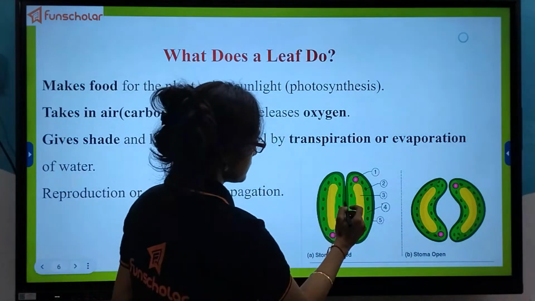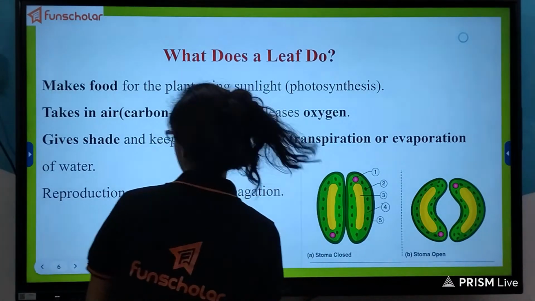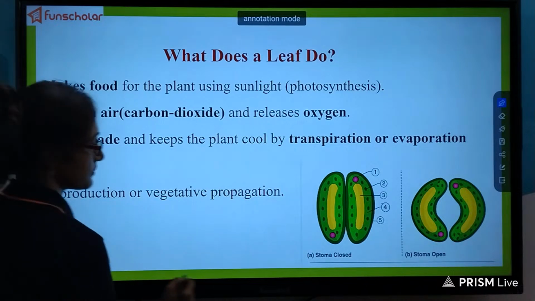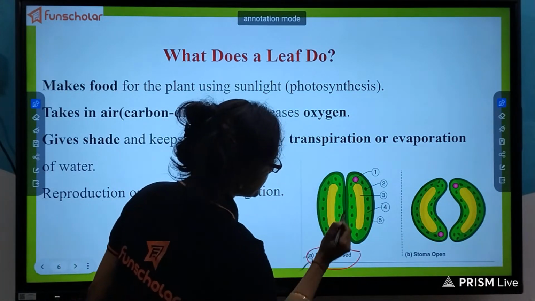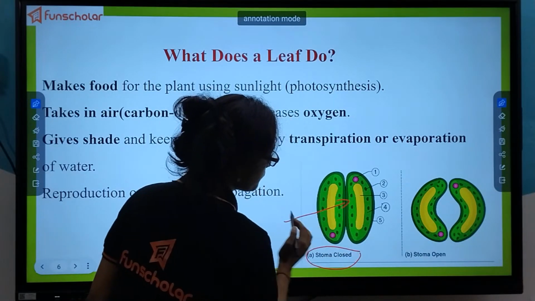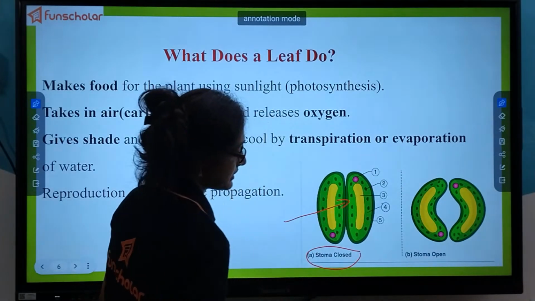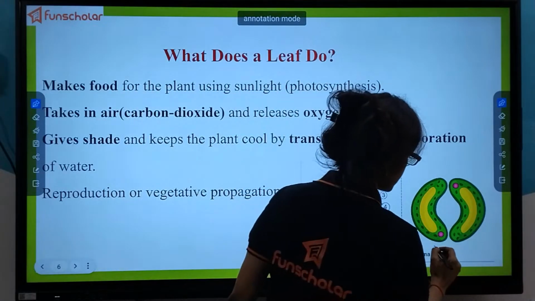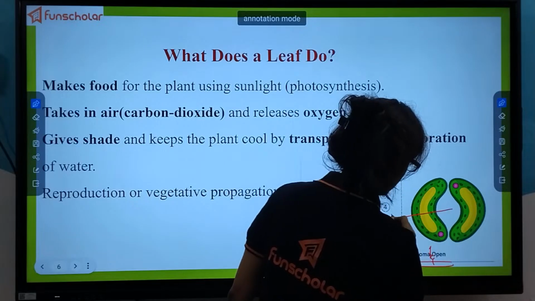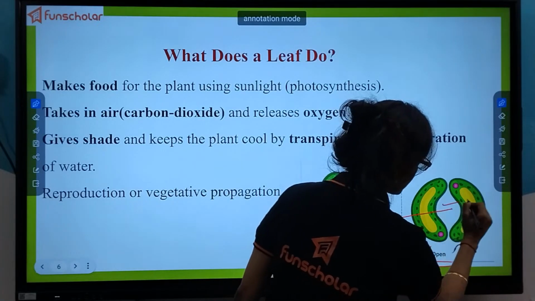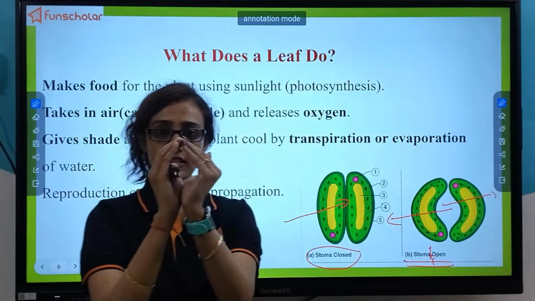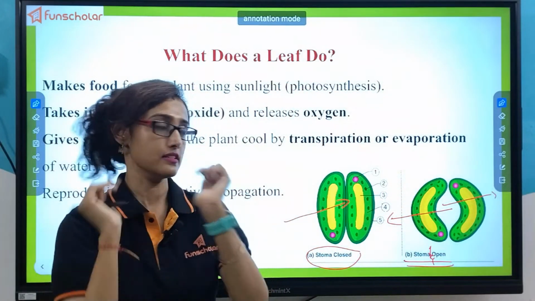See, this is closed stomata. It is bean shaped, it is closed, so no things can go from this part to that part. But when the stomata is open, molecules and air can pass from this side to that side, just like this and this.